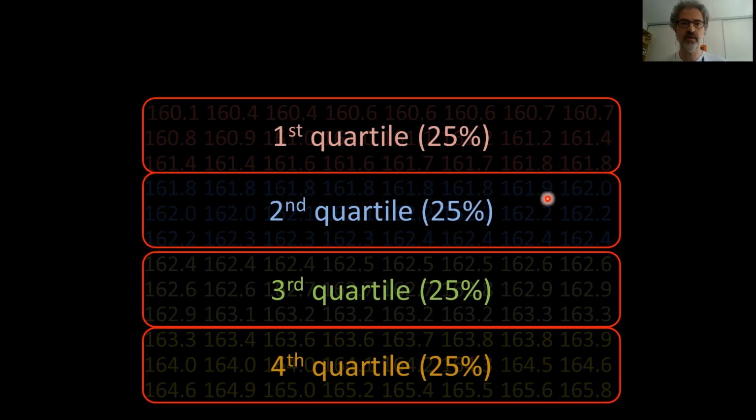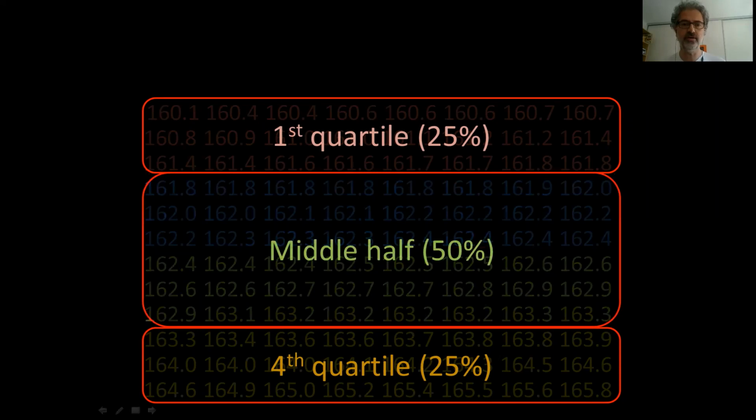This is the second quartile with another 25%, third quartile, another 25%, fourth quartile, another 25%. Therefore, if we join the 2 halves, that's the middle half. If we join 2 quartiles, we have the middle half of the data. And this plus this is another 1/2 of the data. And these are the more extreme data, the smallest and the largest values.